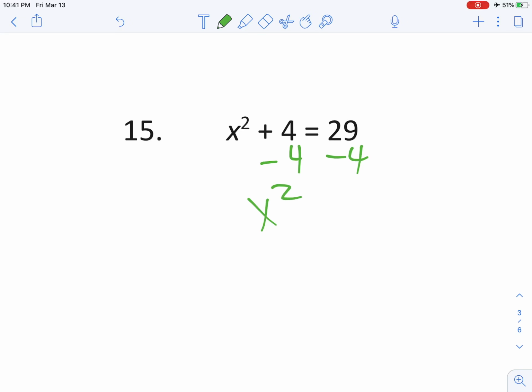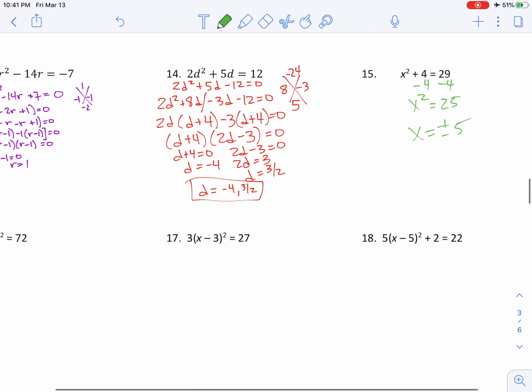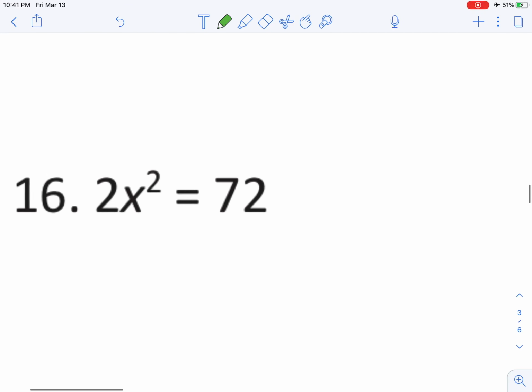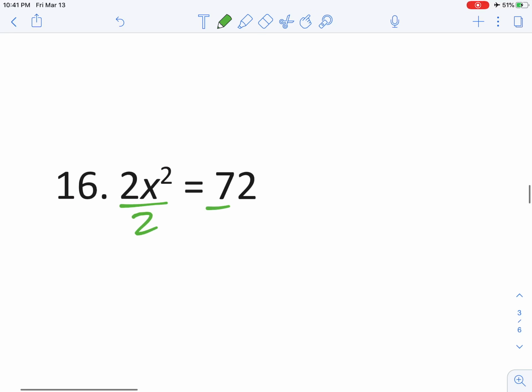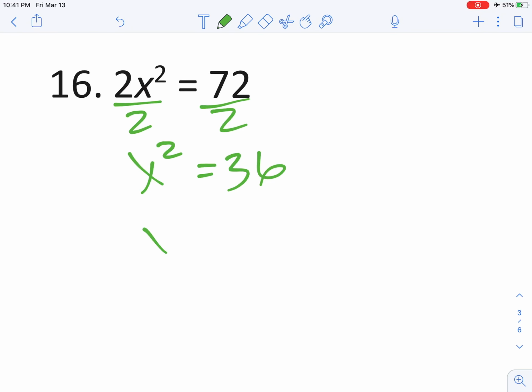Okay, subtract 4. Get x squared equals 25. So x equals plus or minus 5. Over here, divide both sides by 2. X squared equals 36. Take the square root.